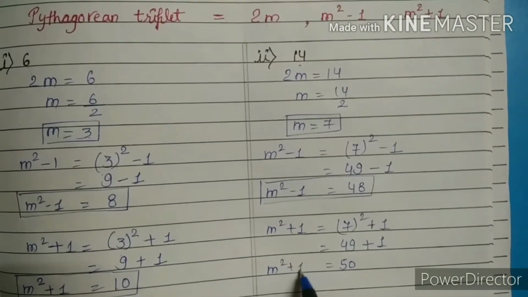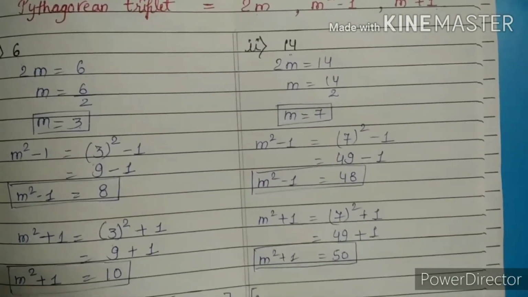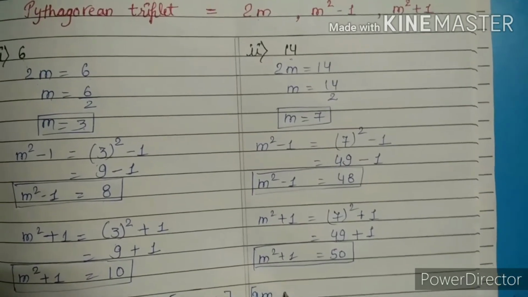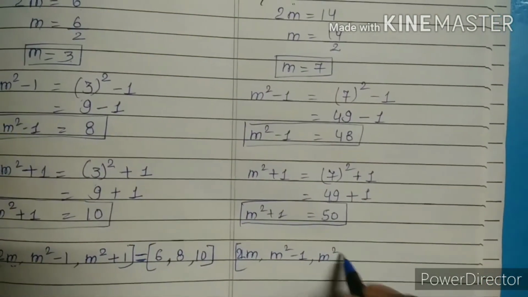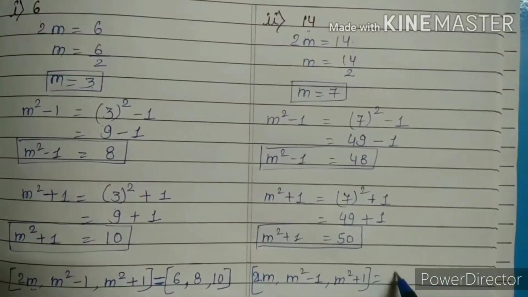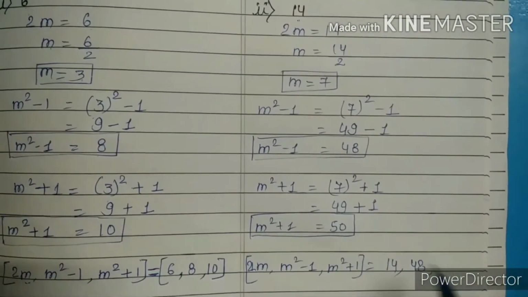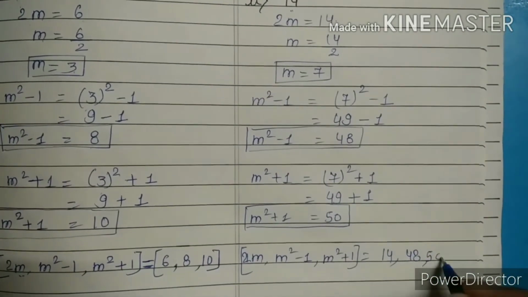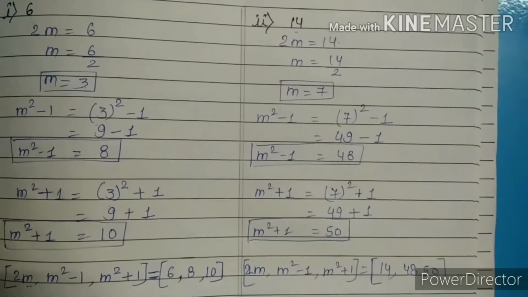So m square plus 1 value will become 50. Now the Pythagorean triplet: 2m value is 14, m square minus 1 value is 48 and m square plus 1 value is 50. So this is the answer of the second.